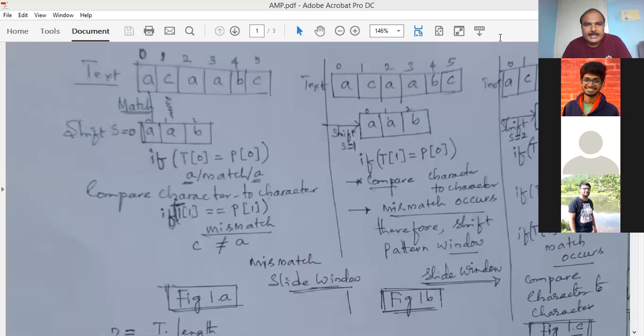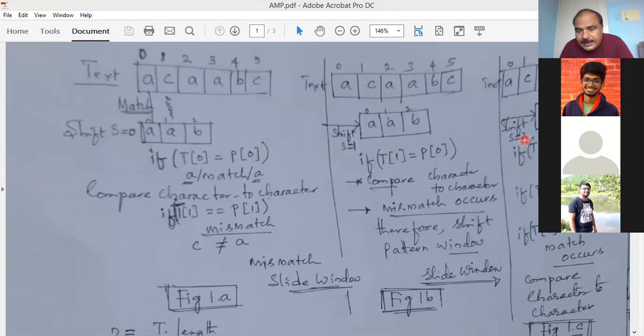Just now we saw that here is a text, and here is a shift. The only shifts you can find in the figure are shift equal to 0, shift equal to 1, and shift equal to 2.